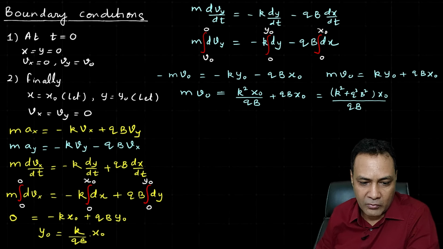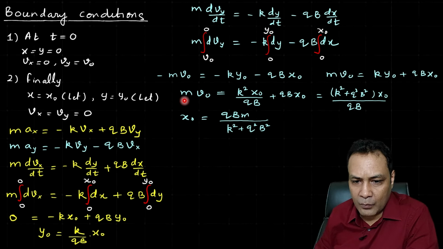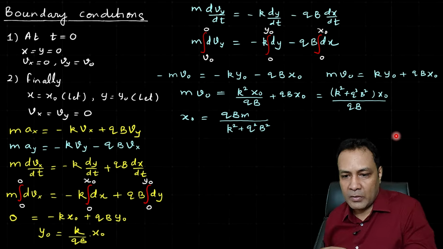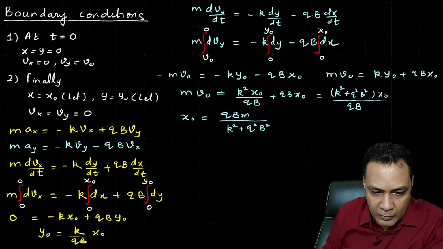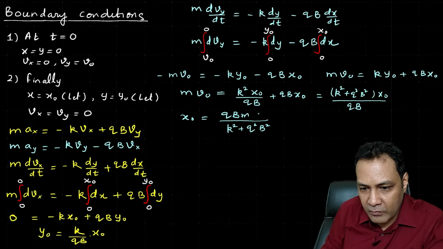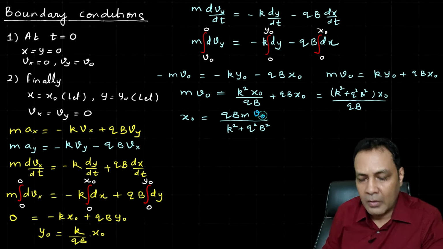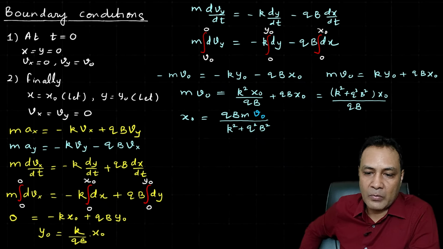So finally we solved the x coordinate: x naught is equal to qB m V naught, there would be V naught also, not written here, divided by k square plus q square B square. This is the x coordinate finally.